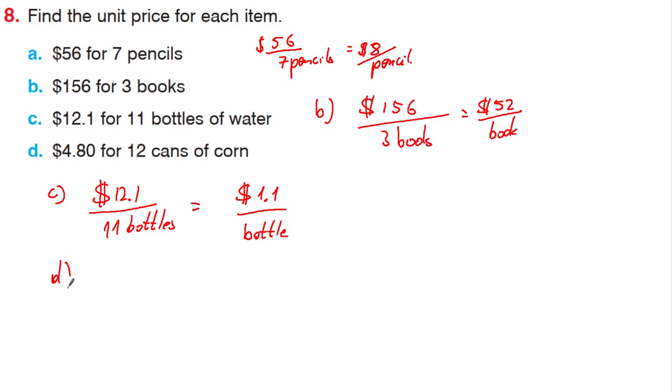And under D, you get $4.80 for 12 cans. Dividing by 12, that would be $0.40 per can. So 4.8 divided by 12 would be 0.4.